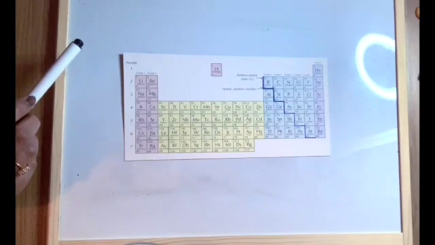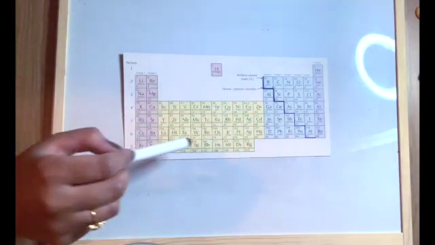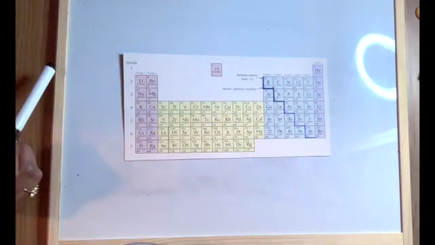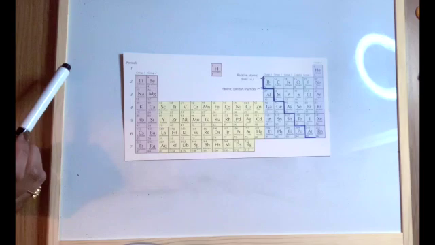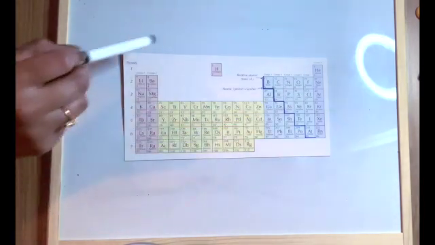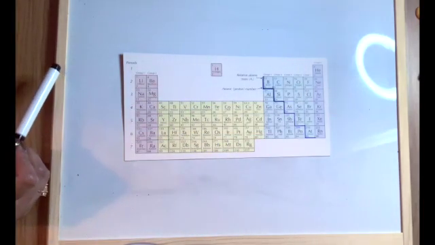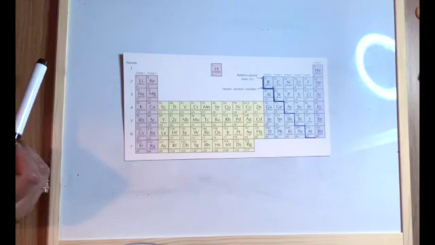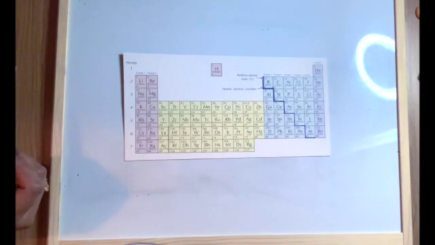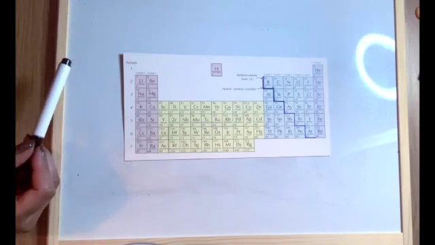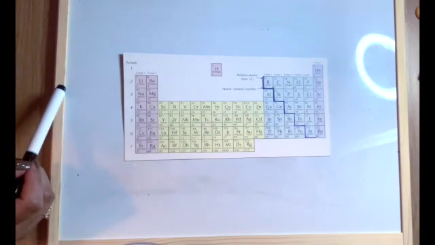Everything is made up of atoms of these elements, either joined to the same type of element or joined to other types of atoms to make compounds. Everything around us is made up of atoms of these things on this periodic table joined together in some sort of way. Now, first of all, it's important for us to understand how we recognize different elements.